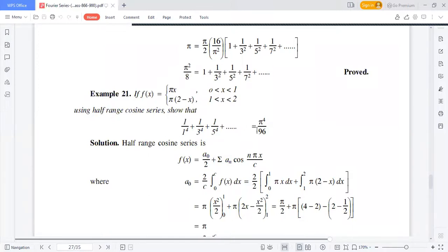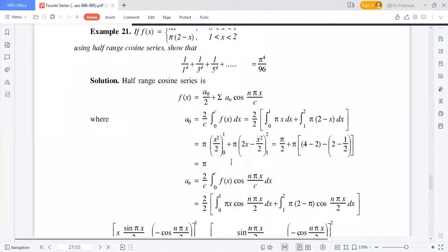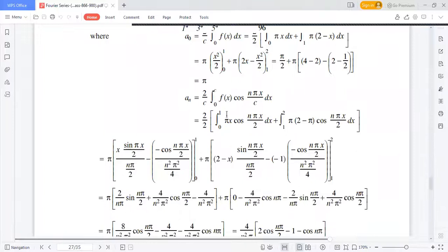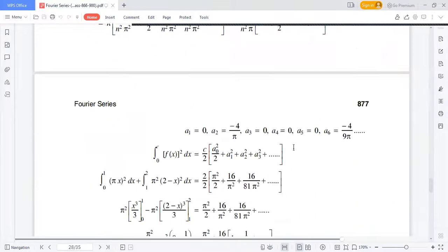Cosine series means what? Sine coefficient will be 0 for that. So for that, Fourier series will be this for cosine series. A naught equals similar formula using, and a n equals this one, 0 to 1 and 1 to 2, then we get the result.